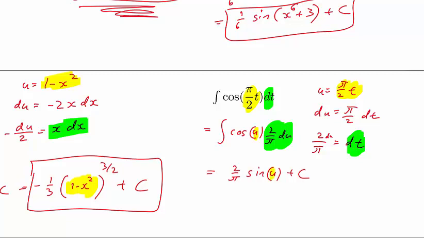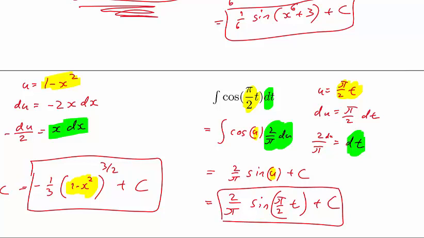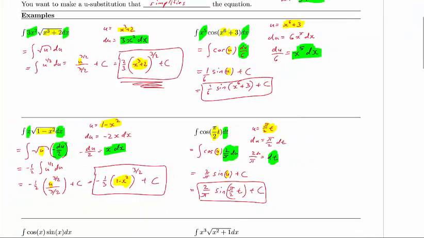All right, now all we got to do is substitute our expression for t back in. 2 over pi times sine of pi over 2 t, and then add the constant. And there we are. That's it. That's the answer. Okay. And you can check any of these answers by taking the derivative to make sure you get the integrand right back.